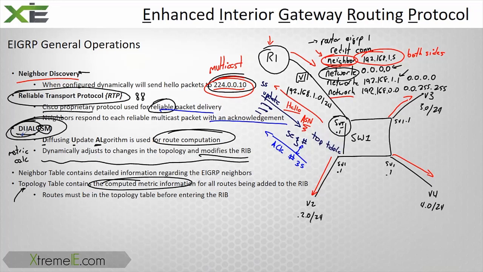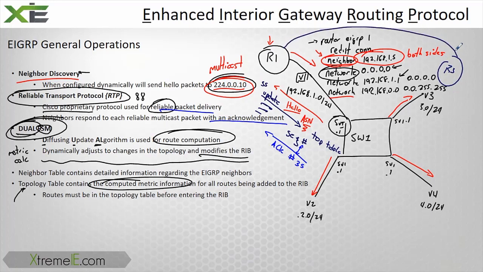EIGRP runs the DUAL algorithm against it, and I have, let's say, maybe 2 routes, so maybe I'm getting an update from this direction as well, so maybe I have R3 out over here. Maybe these guys are connected to the same LAN segment across here. I'm kind of running out of room, but we'll draw it anyway.